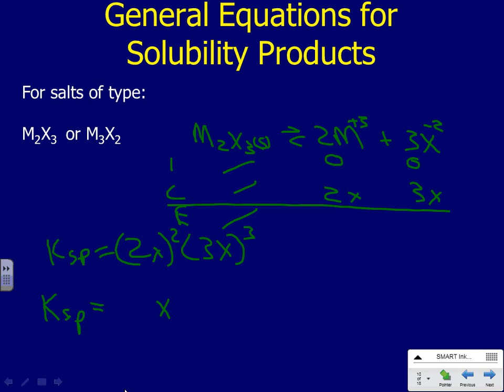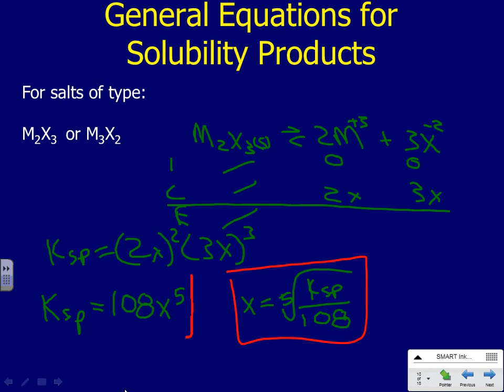What do we get? Yep. 108x to the 5th, which is essentially 4 times 27, right? Because it's 2 squared times 3 cubed because of the 2 and 3. Therefore, the molar solubility is going to be the 5th root, because there's 5 ions, of the KSP over 108. All right.